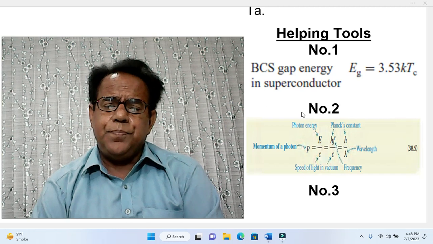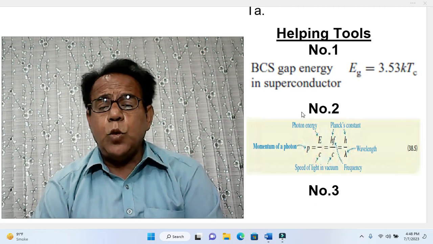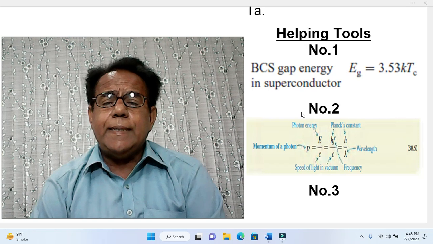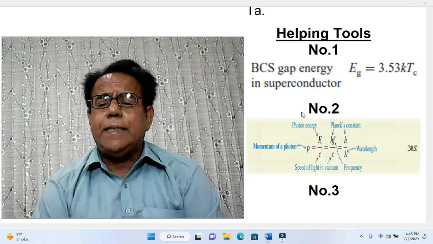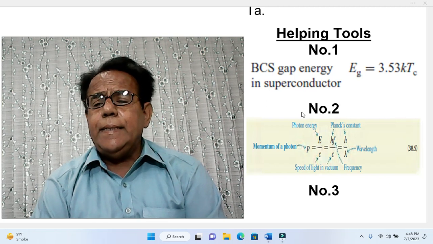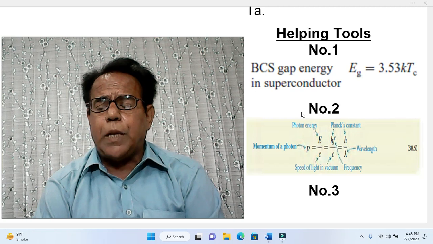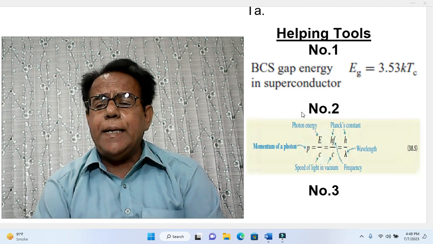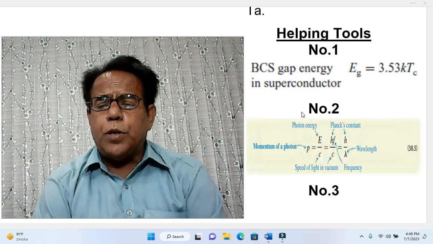So the BCS gap energy in a superconductor Eg is equal to 3.53 kTc, where c is a subscript of capital T standing for critical temperature, and small k is the Boltzmann constant.